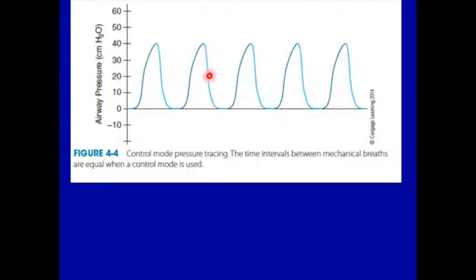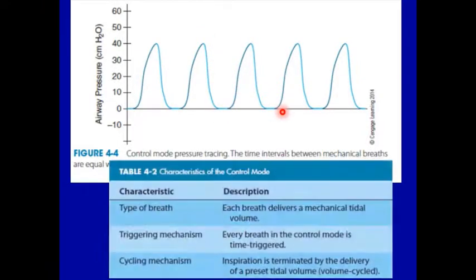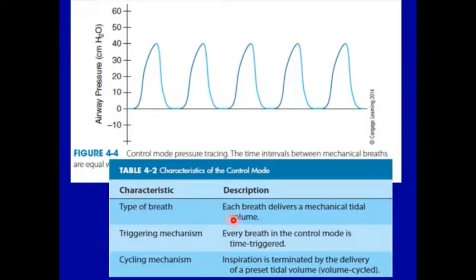The patient is not able to breathe in between. What are the characteristics of the breath? Type of breath: it is a mandatory breath. Triggering mechanism: it is time triggered. Cycling: it is usually a time cycled breath.